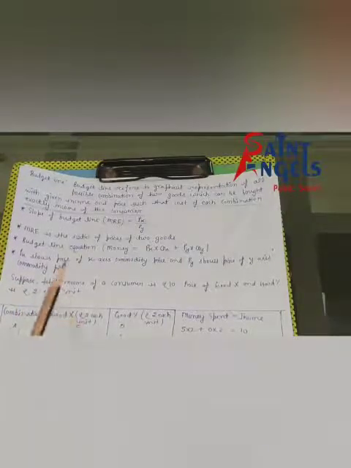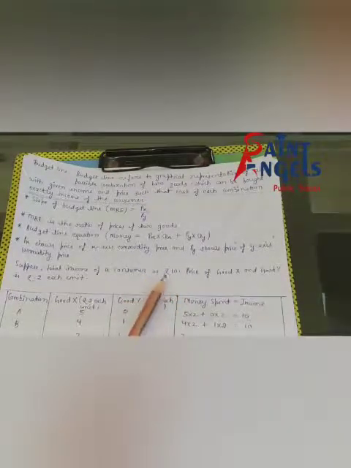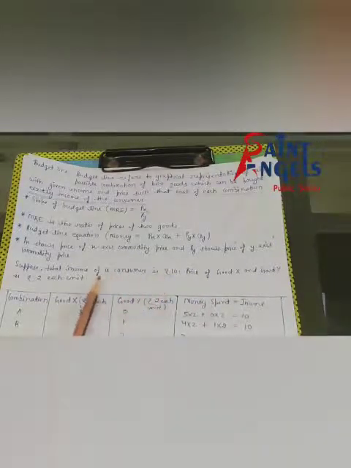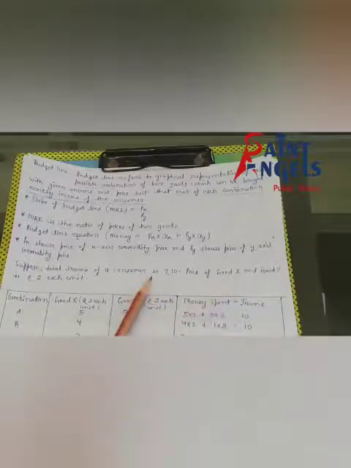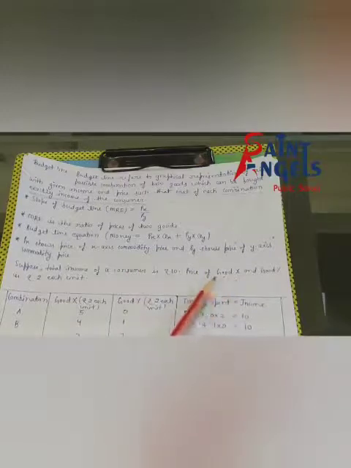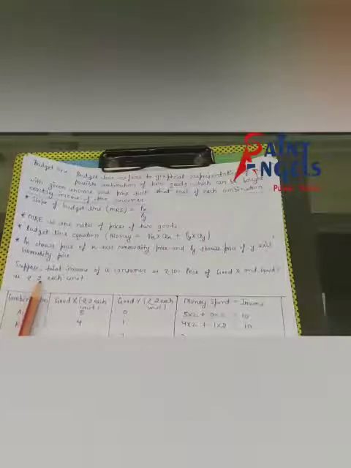Suppose if I spend the entire money, means the consumer spends the entire money on good X, the consumer can purchase 5 units of good X, because you know that the price of good X is rupees 2 each unit.